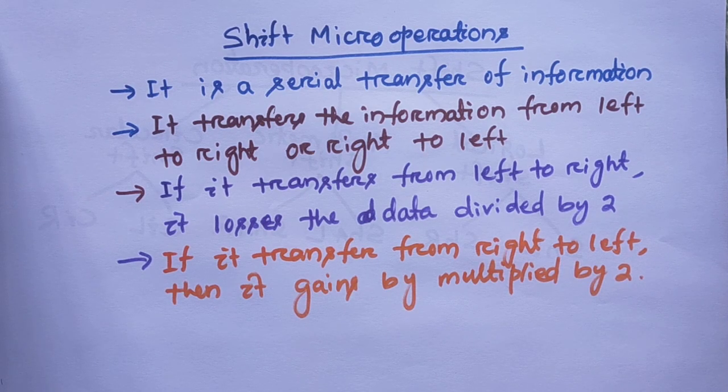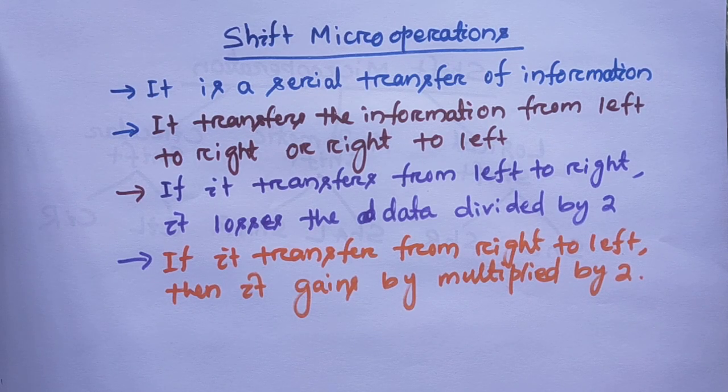Because any data or information contains a number of bits, and if we shift its position from one place to another, left to right or right to left, the serial bit data transfers from one end to another end. That means the bits can be shifted serially from left to right or right to left. For that reason, we say it is a serial transfer of information.